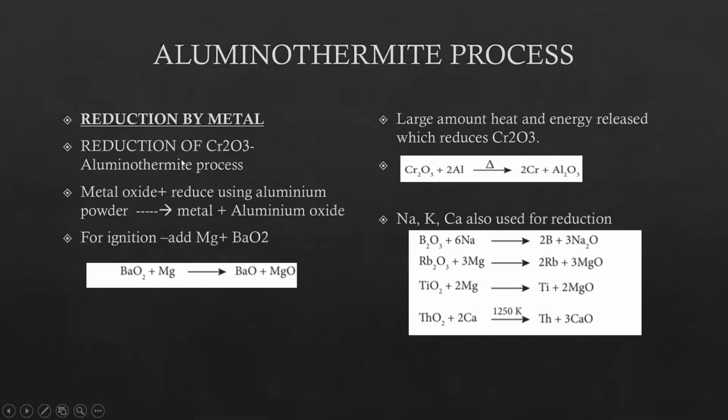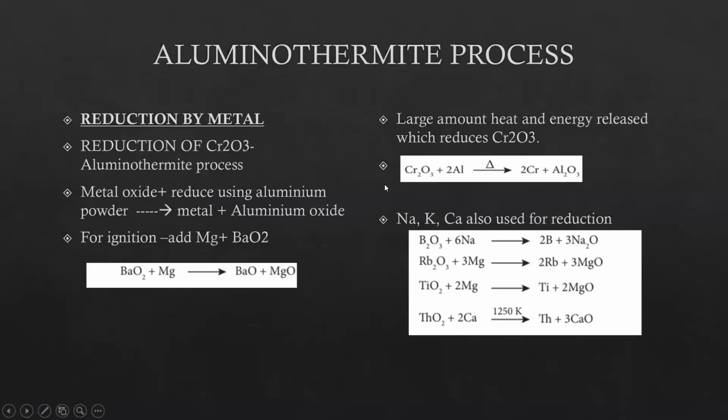In this method, aluminum powder is used to reduce the chromium oxide. The metal oxide is reduced, with aluminum powder as the reducing agent. Finally, we get the metal and aluminum oxide.